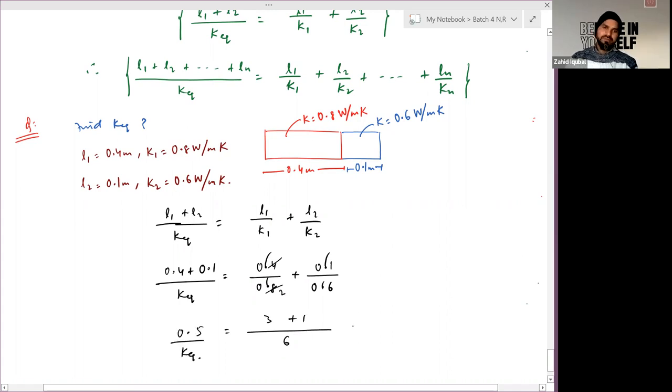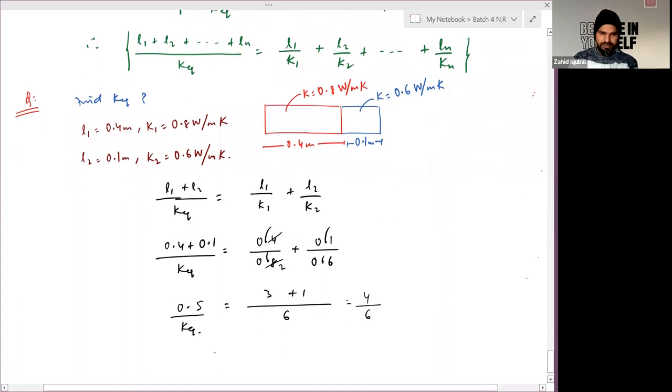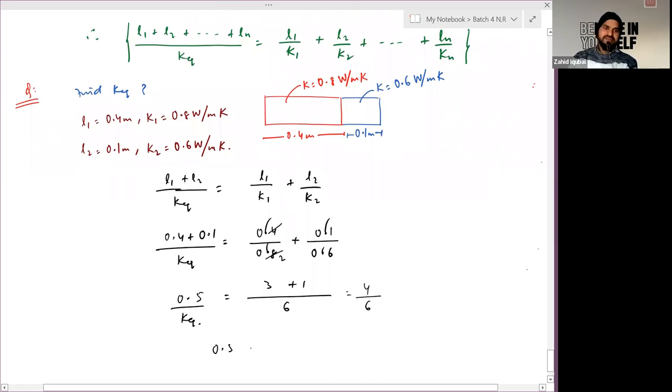So 3 plus 1 becomes 4 divided by 6. Just cross multiplication: 0.5 into 6 equals 4 times K equivalent, or K equivalent equals 0.5 into 6, which is 3, divided by 4. So it will be 0.75 watt per meter per Kelvin.